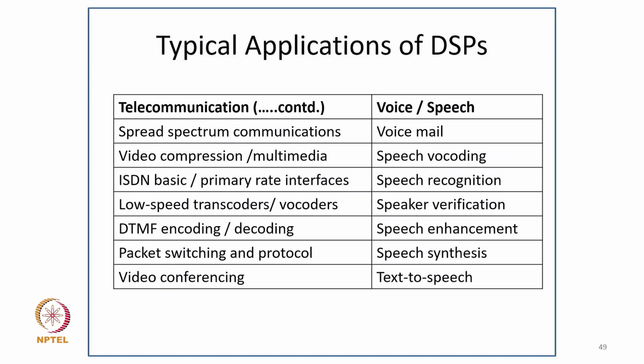Continuing with telecommunication, like speech, spread spectrum communication, video compression, multimedia, ISDN basic and primary rate interfaces, low-speed transcoders and vocoders, DTMF encoding and decoding, packet switching and protocol, video conferencing.